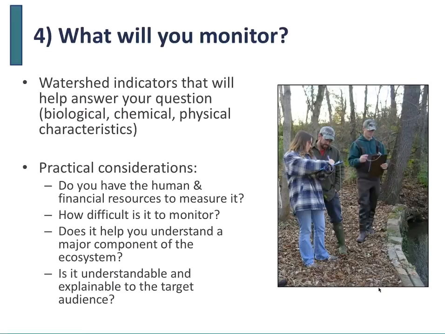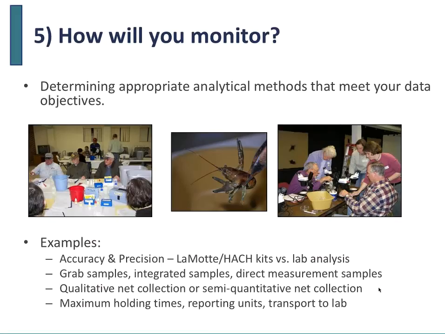Once you've identified the indicators, then you move into how will you monitor. And so that explicitly gets into your parameters that help answer your monitoring questions, and then your specific methodology. And so, like I say on this slide, it's in determining the appropriate analytical methods that meet your data objectives. So some things that you have to think through are accuracy and precision.